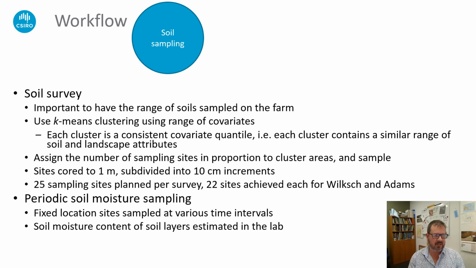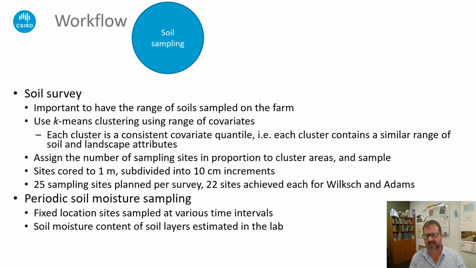For soil sampling, we need to take account of the soils on the farm, and using a similar process as, I guess in a way, the hypercube, we can use k-means clustering to identify the range of covariates and cluster those.